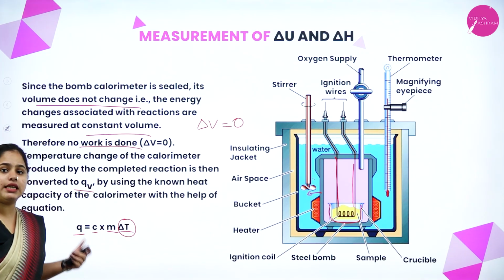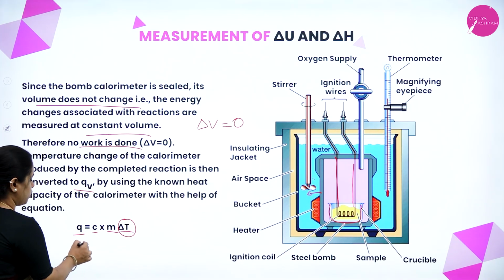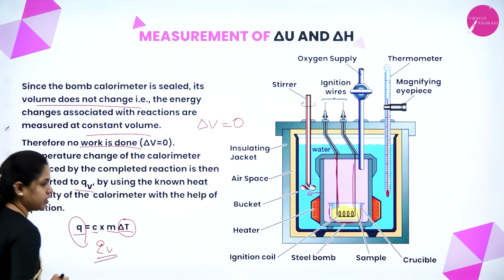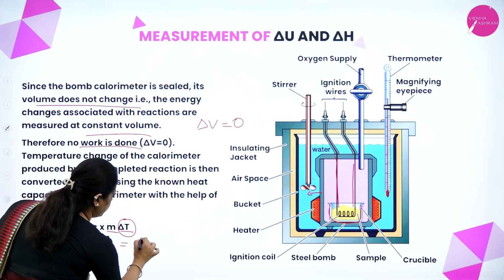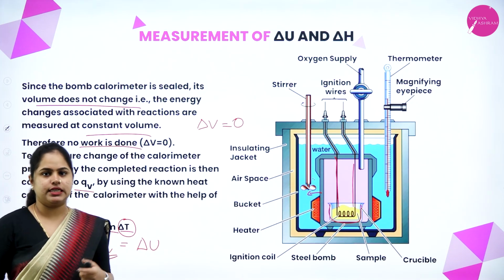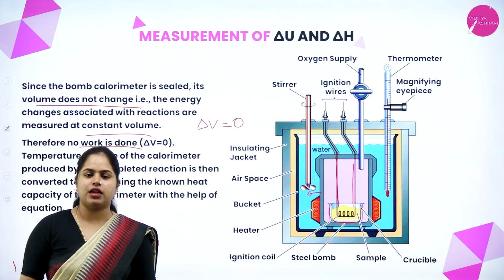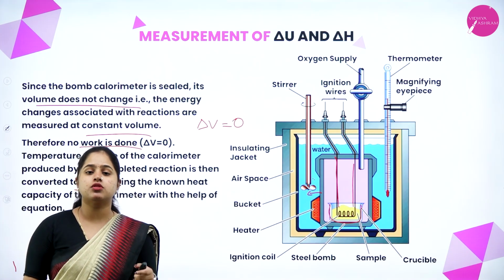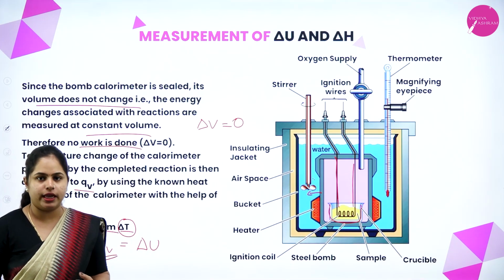And the mass and heat capacity is known. We can calculate the heat change, and this heat change at constant volume will give you the change in internal energy. So this is how you calculate or measure the change in internal energy. I hope it is clear. So this instrument is called a bomb calorimeter.